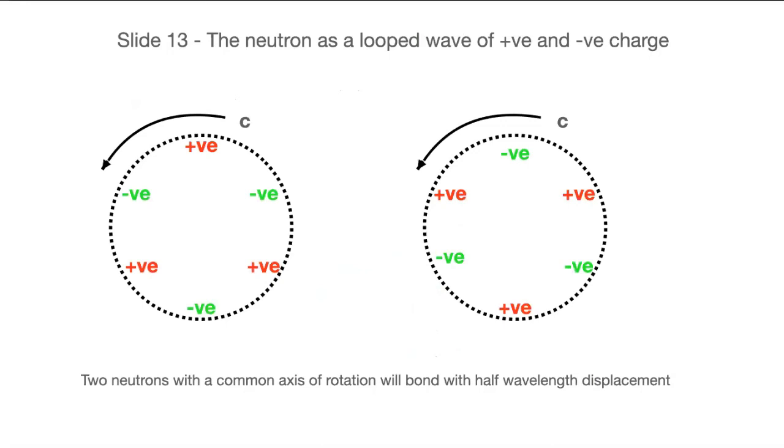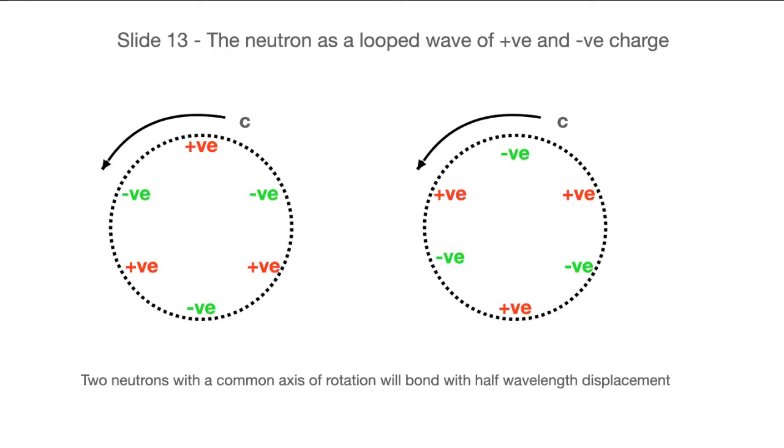So this is a slightly different depiction of the neutron. You remember we talked about electric charge as being successive expansion and compression of space. So with the neutron, we've got 3 wavelengths, and we can depict that as 3 positive and 3 negative charges in succession.